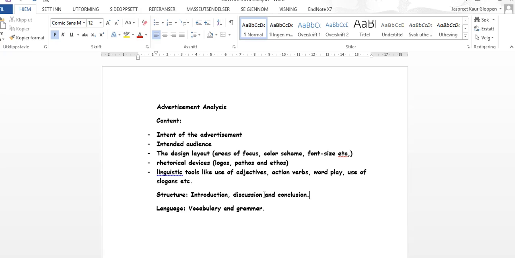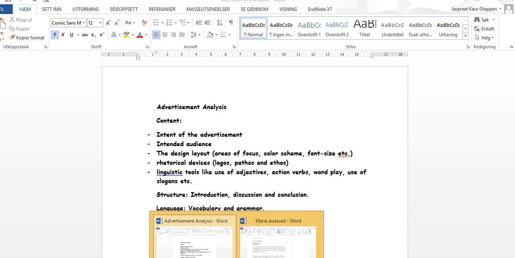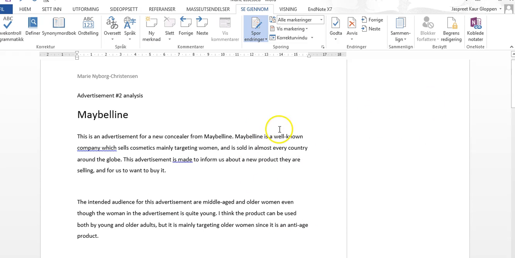And then you will also be assessed on the basis of your language, that is how accurately you write and how fluent you are. So let's take a look at how you have answered this task. You start off by telling us what this product is, and then you tell us that it is given out by a company which sells cosmetics mainly targeting women, and that we know which company this is.